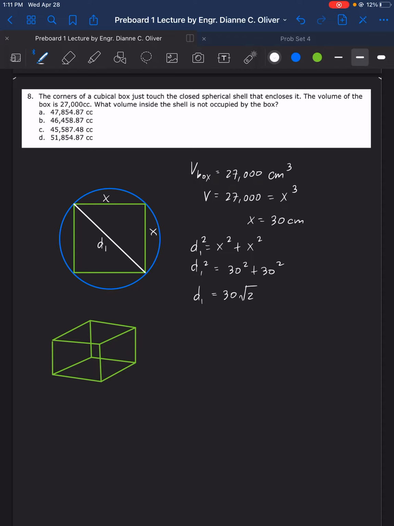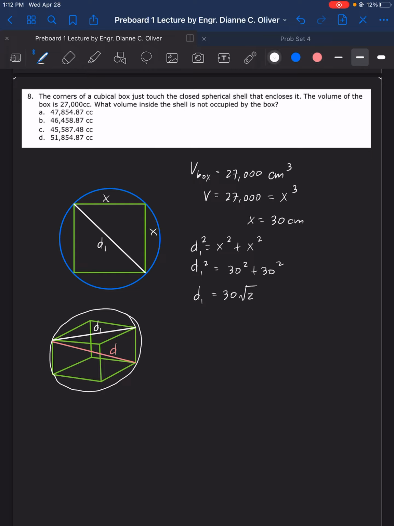What happens is that we took the diagonal of the face here. This is the diagonal D1. And if the corner is touching the sphere, that's not the diameter. Rather, the diameter of the sphere is found from this corner towards this corner. And let's name that as D, the diameter.